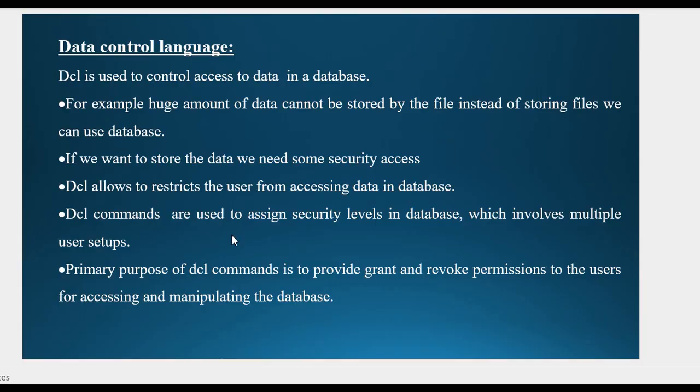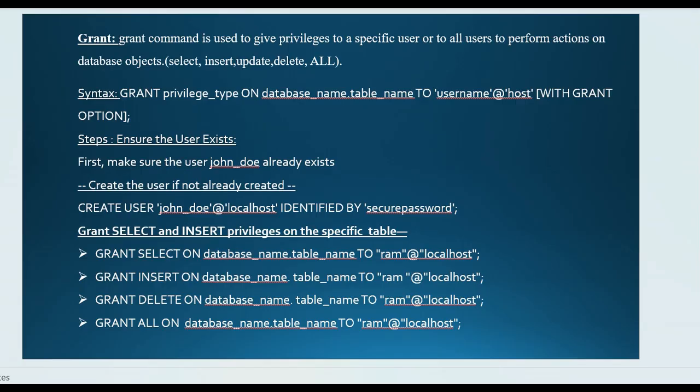DCL commands are used to assign the security levels in the database, which involves multiple user setups. The primary purpose of DCL commands is to grant and revoke permissions to the user for accessing and manipulating the database. Here we have two different types of commands: grant and revoke.